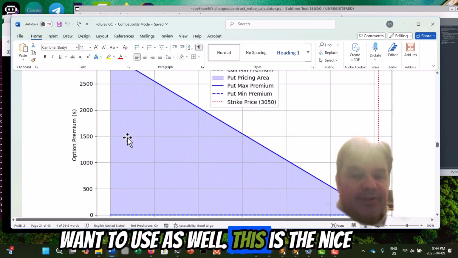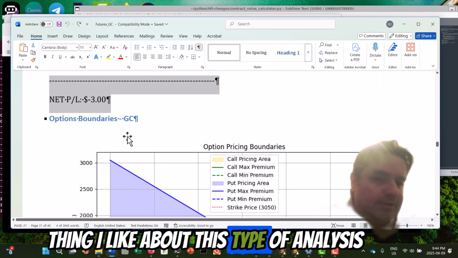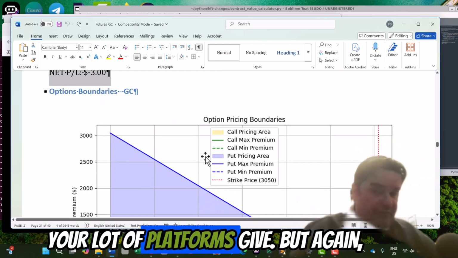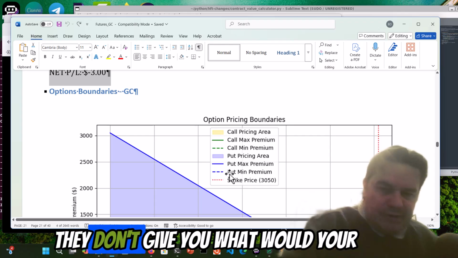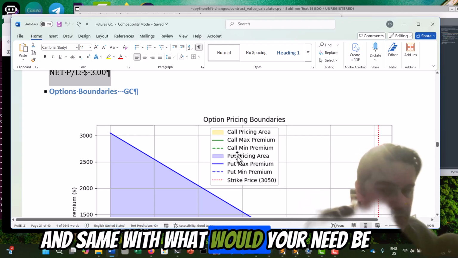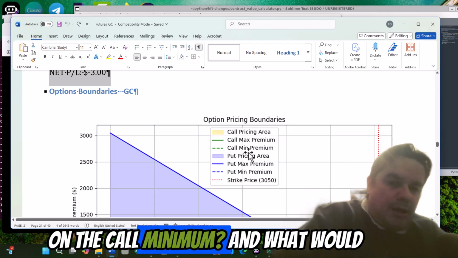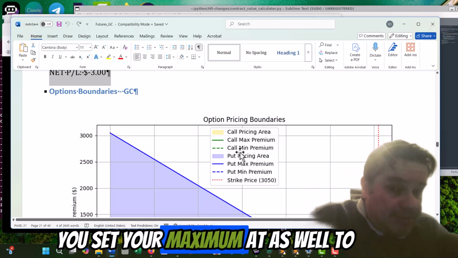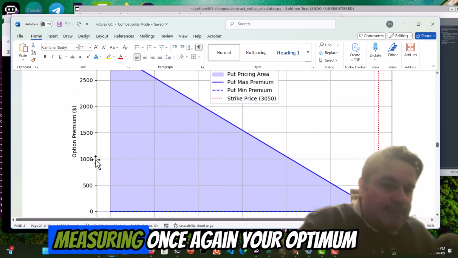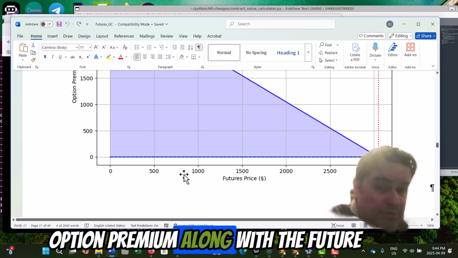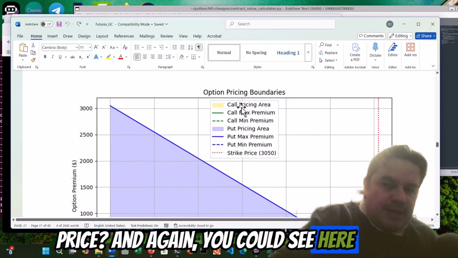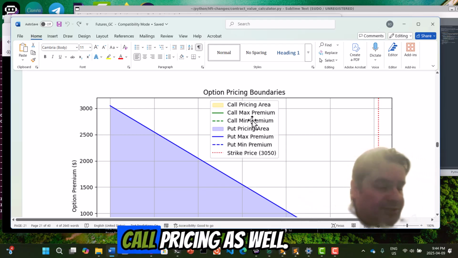This is the nice thing I like about this type of analysis, is that you can see, which a lot of platforms give, but they don't give you what your minimum premium would need to be on the put, and same with what your need would be on the call minimum, and what you would set your maximum at as well to profit along this payoff diagram, measuring once again your optimum option premium along with the future price. And again, you can see here that it would also include the call pricing as well.